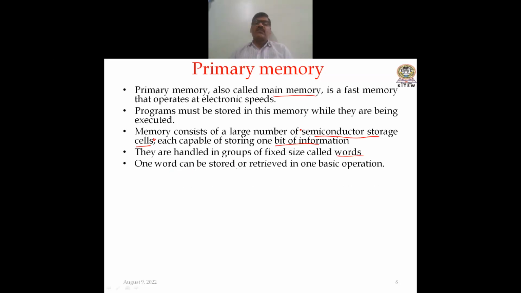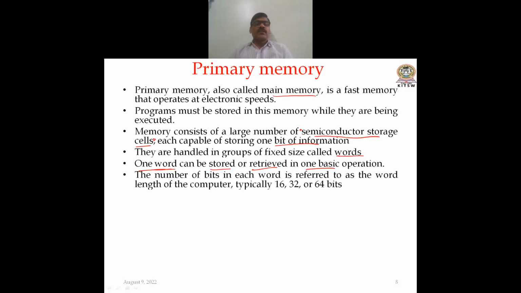One word can be stored or retrieved in one basic operation. So when we want to perform storage or retrieval from the main memory through an instruction, we perform these operations in terms of words only. That is what makes it easy for us.